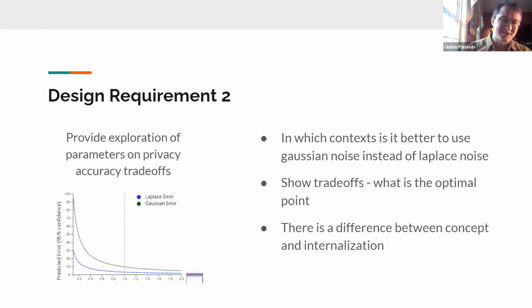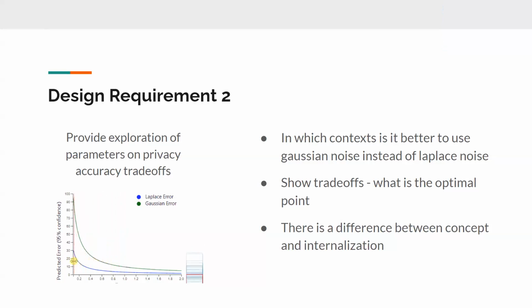If you have an error of 30 versus an error of 10, it increases. It's not the full image as well. So these are sort of hypothetical draws from the output mechanism.